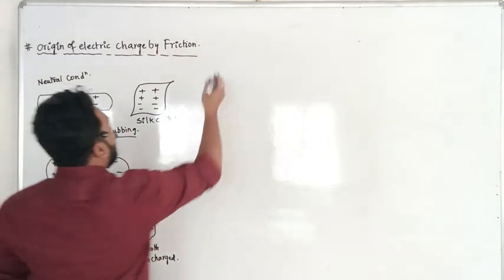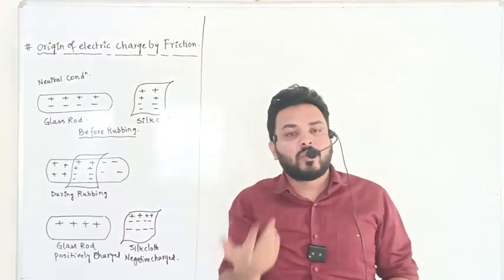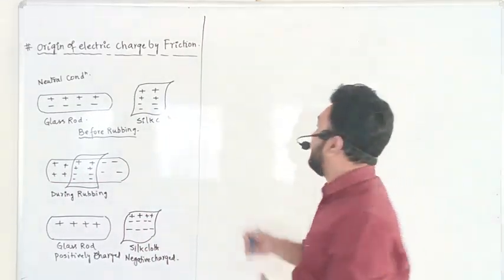We will see an important table of which bodies, when rubbed against each other, get positively charged and which get negatively charged.